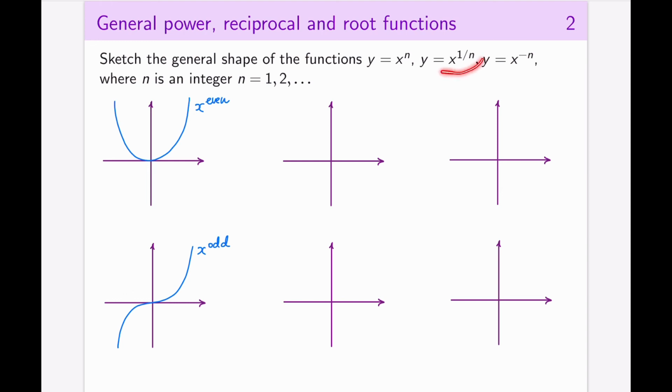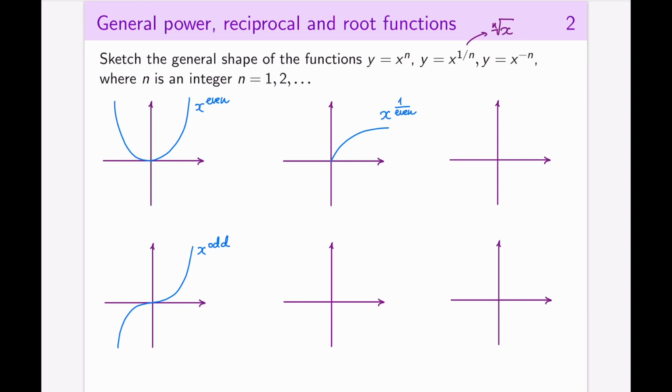We've already also seen what happens with the roots. The fractional powers are, of course, actually roots. So x to the power 1 over n is the same as the nth root of x. And we've also already experienced their shapes. If I have an even power, so x to the power 1 over an even number, I will have half of the sideways parabola.